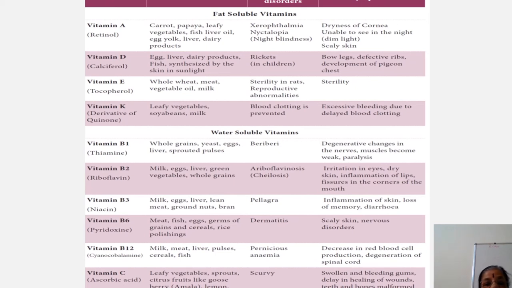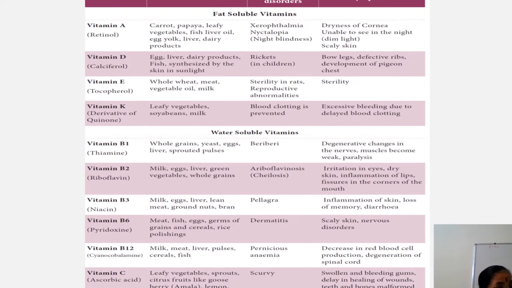Vitamin D, calciferol: egg, liver, dairy products, fish, and synthesized by skin in sunlight. That's the sunshine vitamin. Right? Its deficiency causes rickets in children.